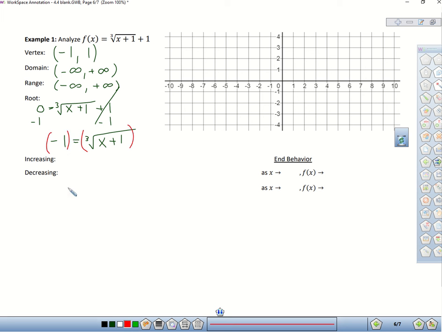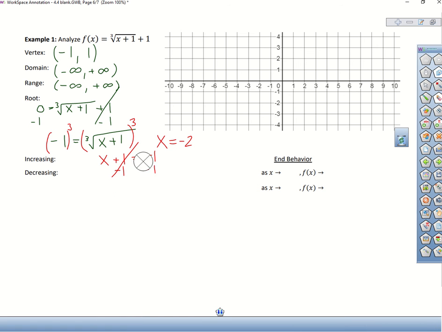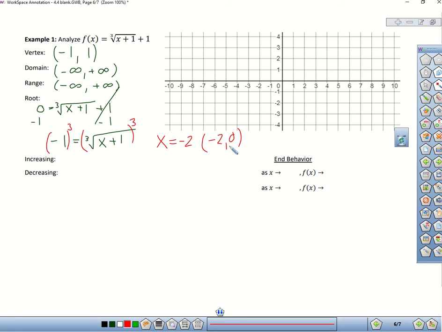Put it to the third power. Very good. So this would become x plus 1 is equal to, what's -1 to the third power? -1. Subtract 1 on both sides, which gives me x equals -2. So our root is -2, 0.